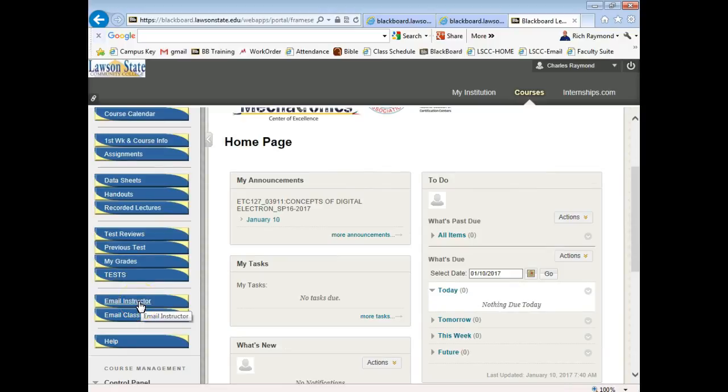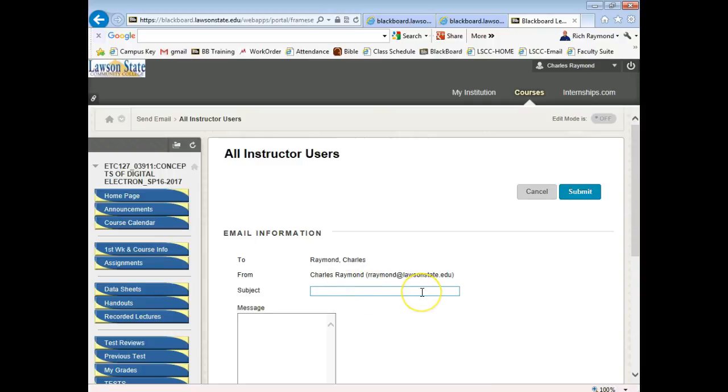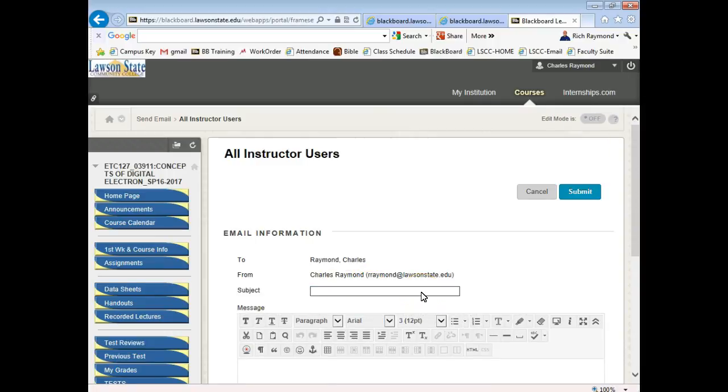When you use this one, the mail is sorted into a folder that belongs to this class. So it's not like me trying to go through all my email, trying to figure out who sent the email and who didn't, because it'll come into the folder. But only if you use this link. When you use this link, it automatically puts in the subject line, it automatically starts off with the information about the class, and then you can add anything you want to it.